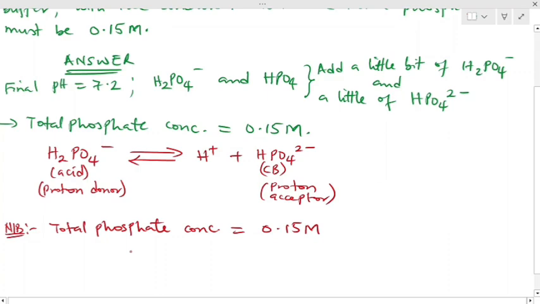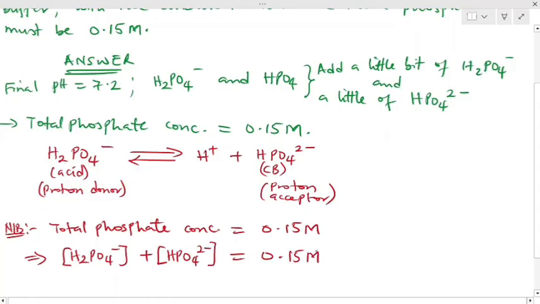That implies that the total phosphate concentration will be the concentration of the acid, H2PO4 minus, plus the concentration of the conjugate base, HPO4 2 minus, and that should be equal to 0.15 molar according to the condition given.